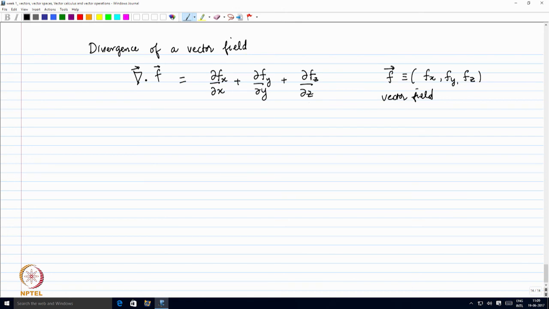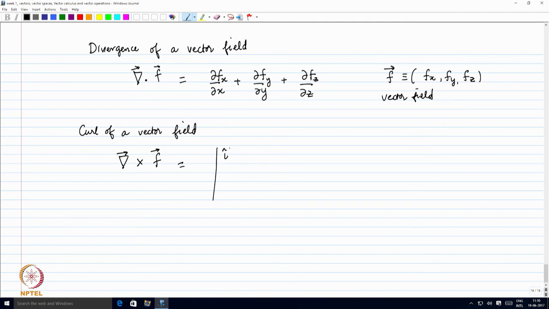There is a third way: you can take the curl of a vector field. It is denoted by del cross f, which I can write in the following form.